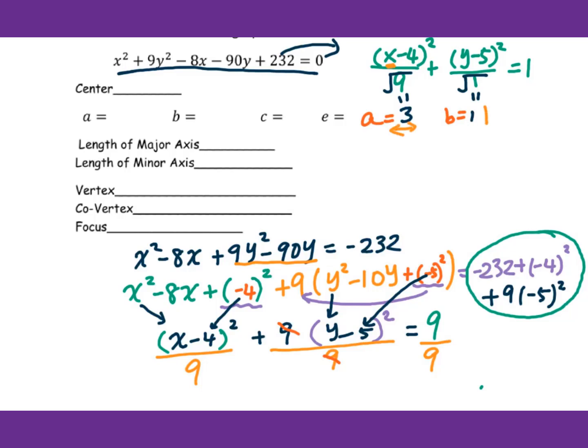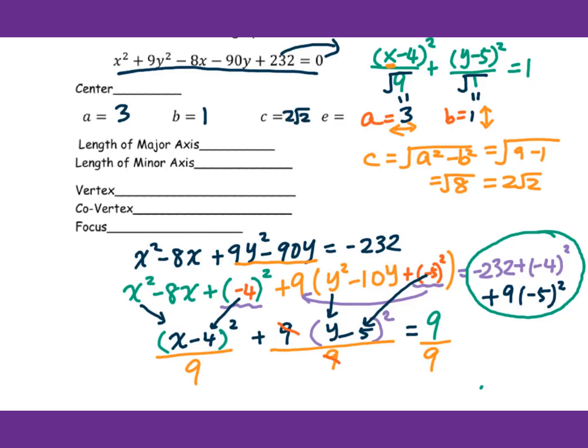B is vertical because it's below y. C equals square root of A squared minus B squared. So we get 9 minus 1 equals square root of 8. Simplify to 2 square root of 2. So we write down A equals 3, B equals 1, C equals 2 square root of 2.